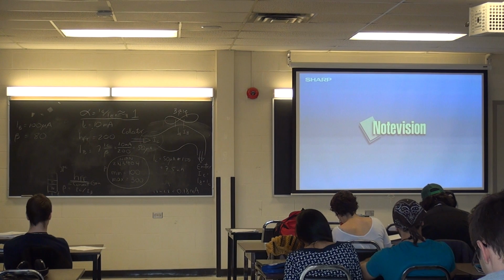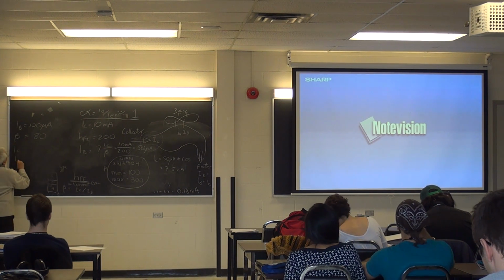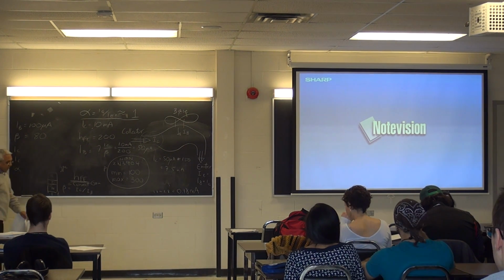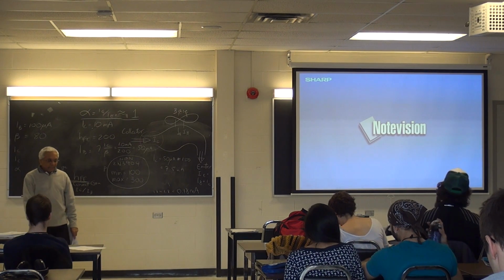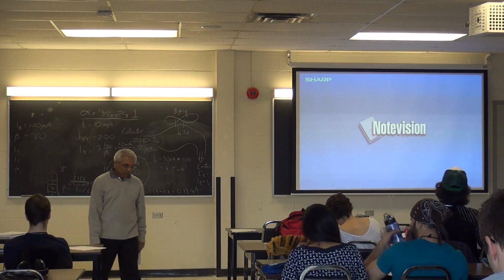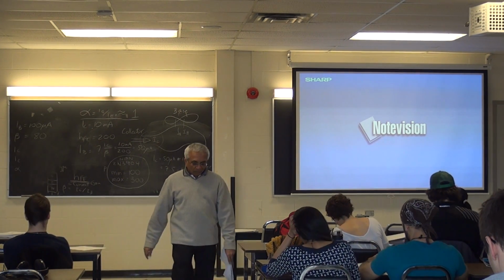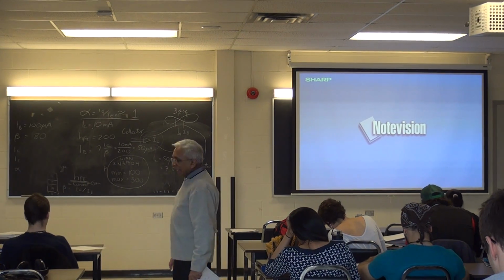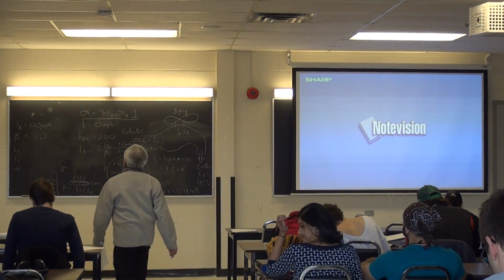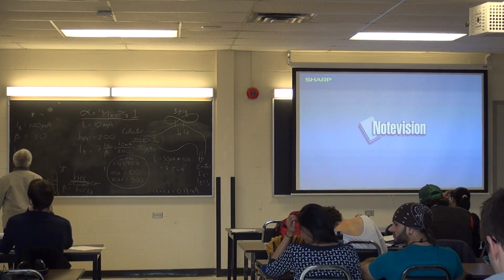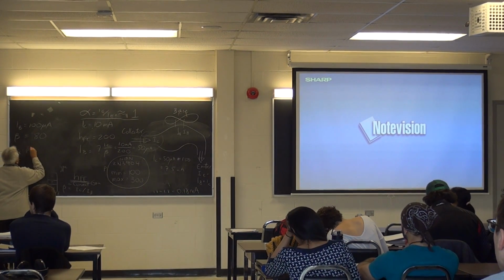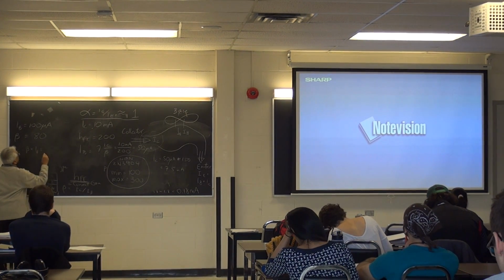Let's find IC, IE, and alpha. First, let's find IC. How do we find IC? IB times beta. So it's beta times IB. How much is that? Give me the answer in milliamps.